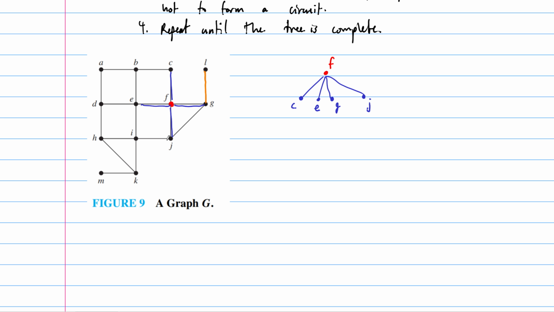From J, I can only go to I. But if I go to I from J, then I can't go to I from E. So from E, I can go to B and to D.